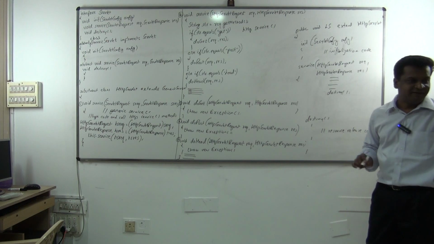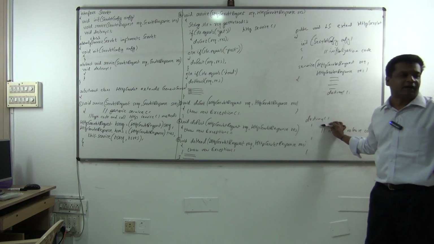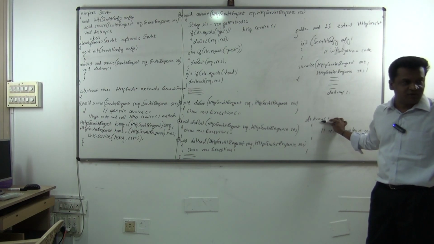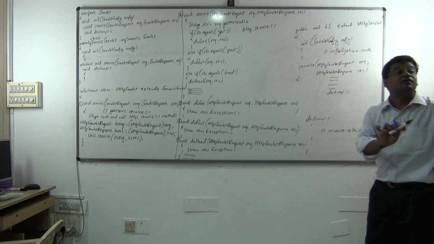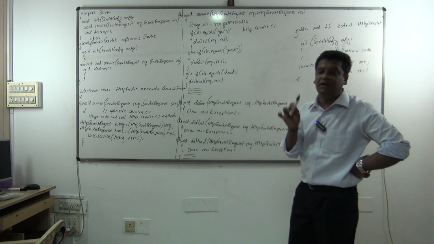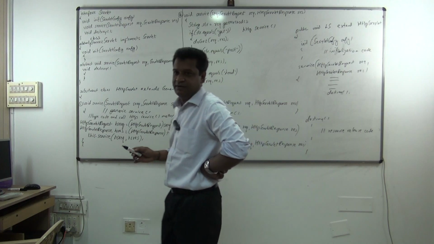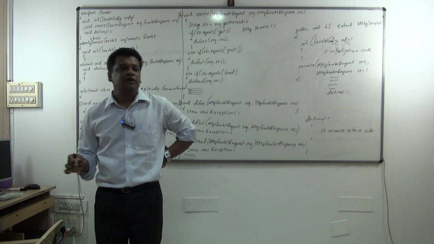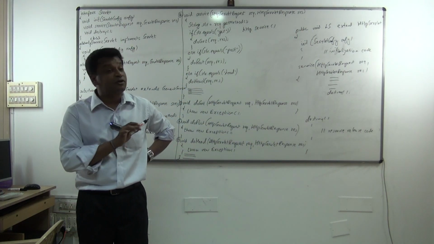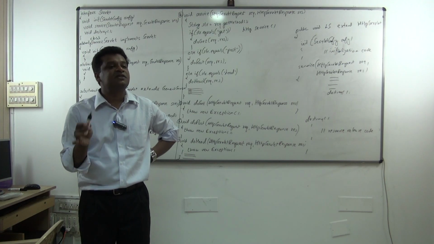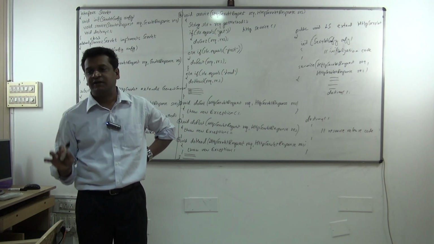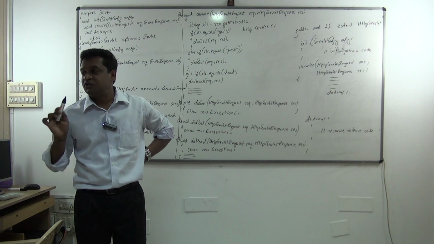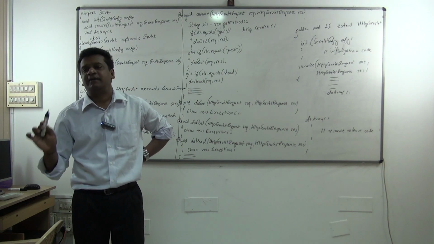You don't do it. Understood? But if you invoke it, it will only release the resources, but it will not destroy the servlet. Very, very important question. Done. So calling the destroy method will never destroy the servlet. It will only release the resources initialized in your servlet. The servlet is destroyed only by the container.